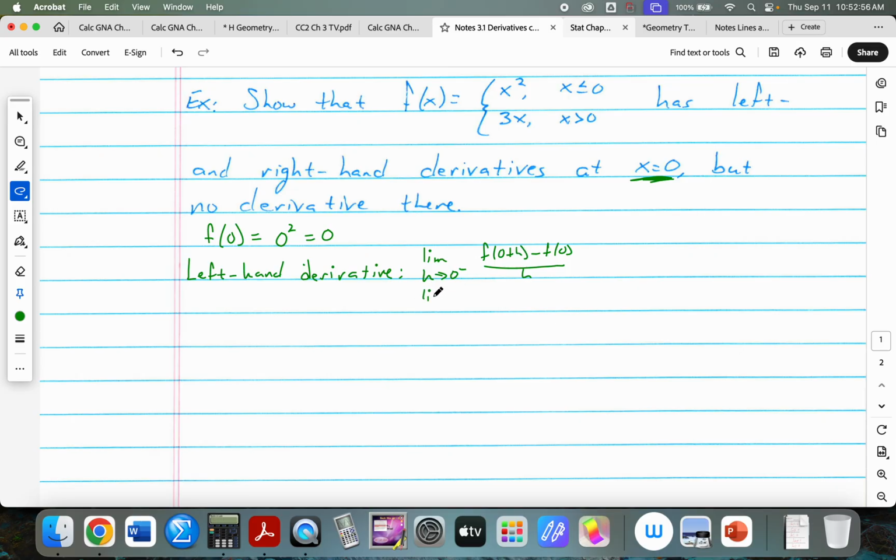So that's going to be the limit as h goes to 0 from the left of, so if we're looking at h going to 0 from the left, well, that means that we're going to be using x squared, right? So this is going to be 0 plus h quantity squared minus f at 0, which we already know is 0, all over h.